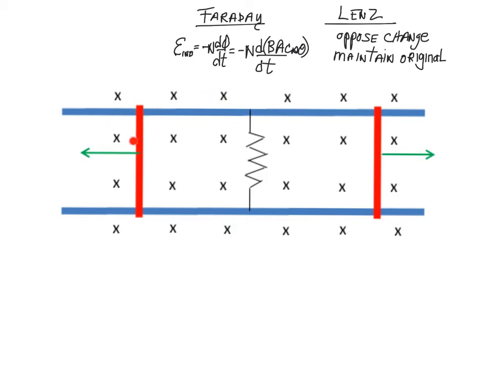And so by Lenz's law, we get a counterclockwise EMF and current, using right-hand rule number 3, producing a field coming out of the screen to tend to prevent the increase. By the same logic, you're going to get a counterclockwise current in this loop, because that's also an increasing flux over here as the rod slides this way.